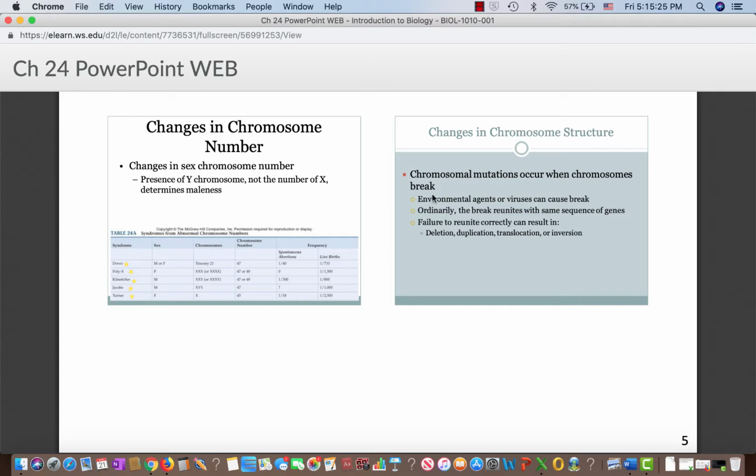And this has a lot to do with why women have a much higher chance of having children with birth defects or trisomies or what have you as they age, because women are born with all of the gametes they'll ever have.